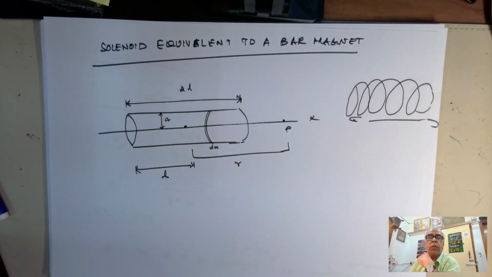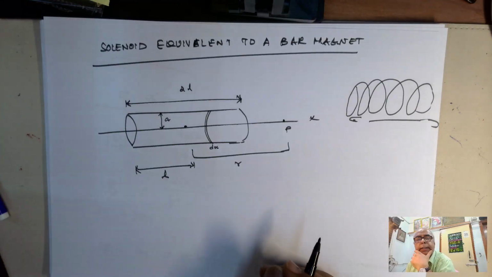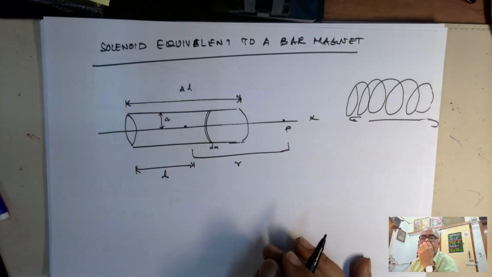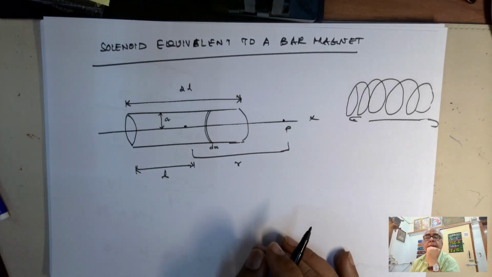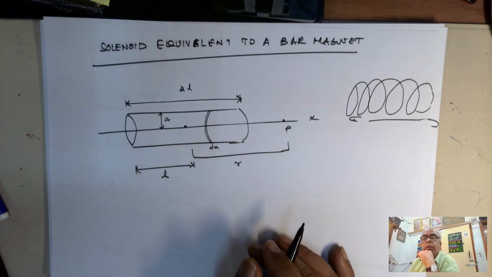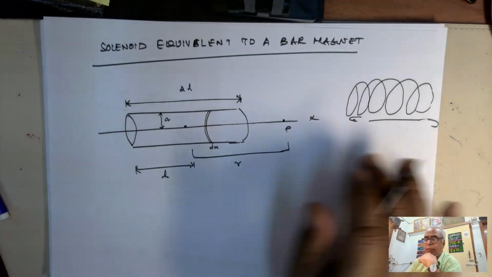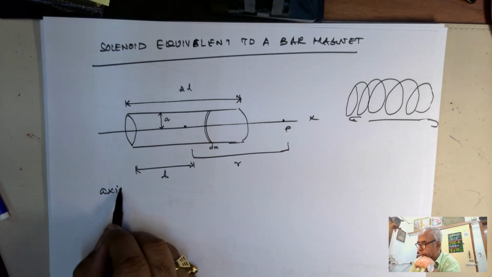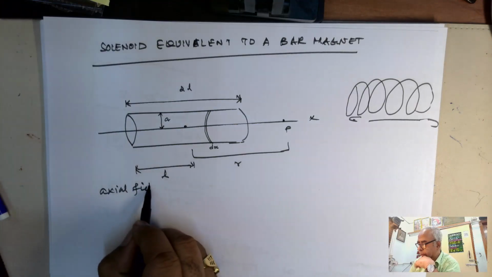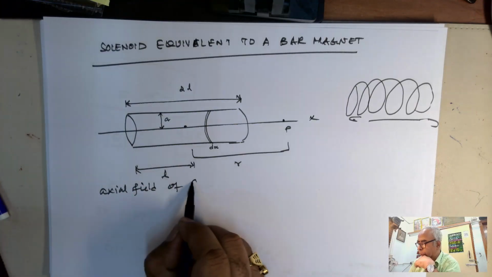Now let us apply the same logic here. Magnetic field lines of a bar magnet and solenoid show almost similar patterns. Now let us calculate the magnetic field, that is the axial field of the solenoid.